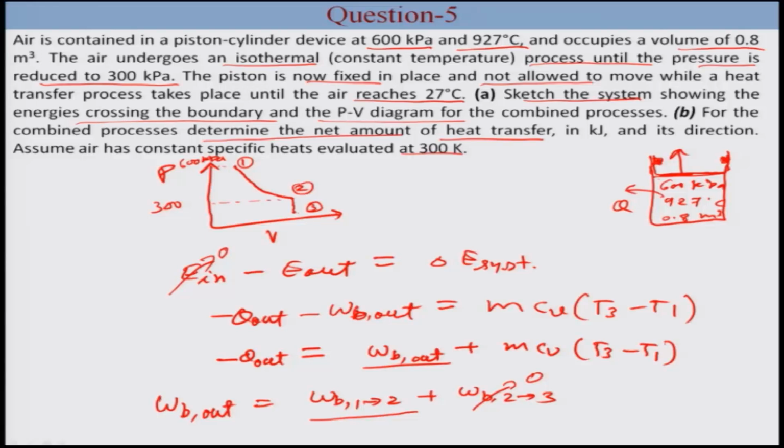Isothermal expansion work for an ideal gas will be m R T1 ln of V2 upon V1.